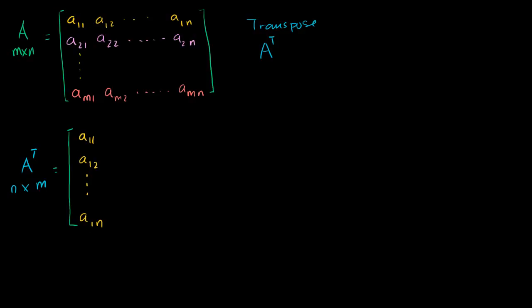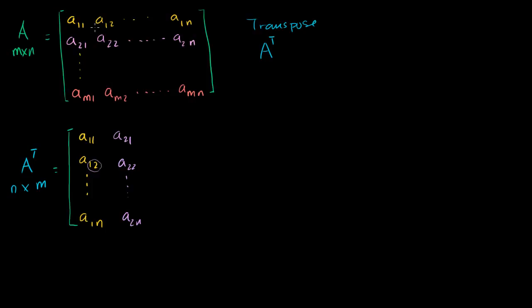Now this row, when I transpose it, it's going to look like this: a21, a22, all the way down to a2n. And it might be a little confusing for you right now to have this notation, because everything we've done so far, we've always said the first number is the row and the second number is the column. That's what we did up here. What I'm doing here, you can ignore that reference to the rows and columns.